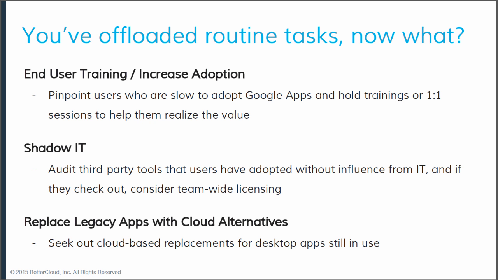Some of the key things that we've heard from IT admins that really make IT a proactive organization are end user training and increased adoption. Going out and actually speaking with the end users to drive adoption and to make them aware of the tool set that's available with the cloud applications. Another big area is shadow IT.